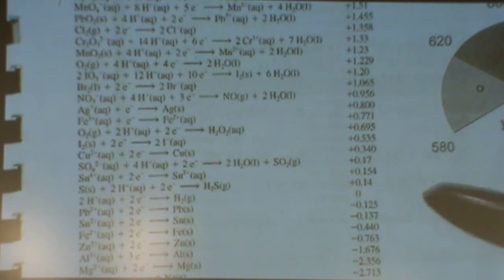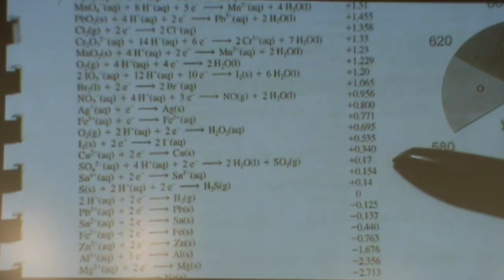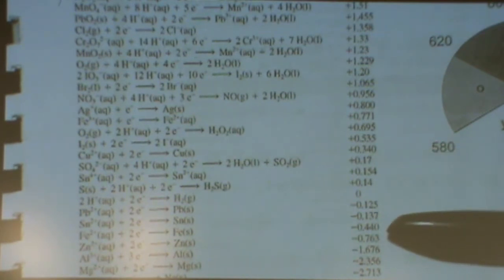Reduction. So the favorable one is the more positive or more negative? More positive. So we're looking on this list for the more positive number, and they're both listed right here, iron and zinc. So we're expecting iron has the more positive number to reduce first or plate out first.